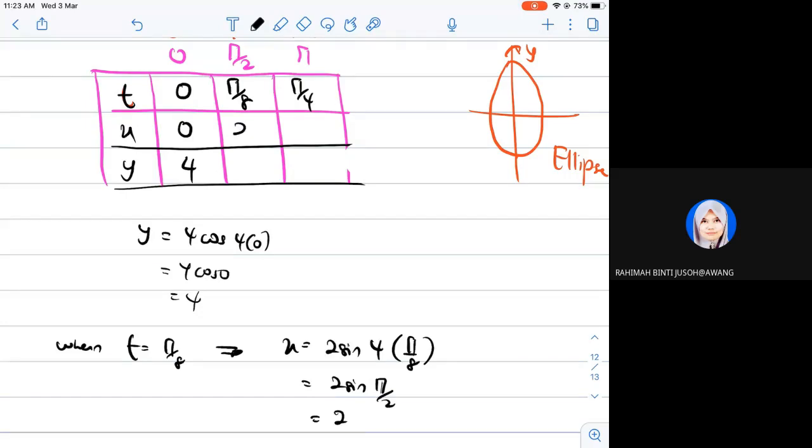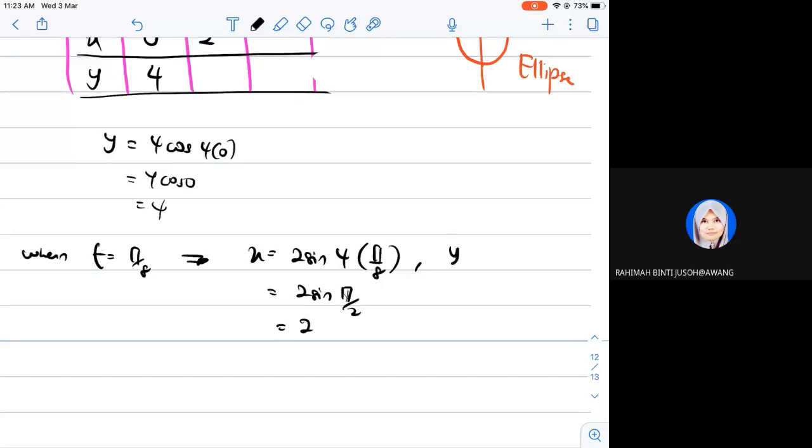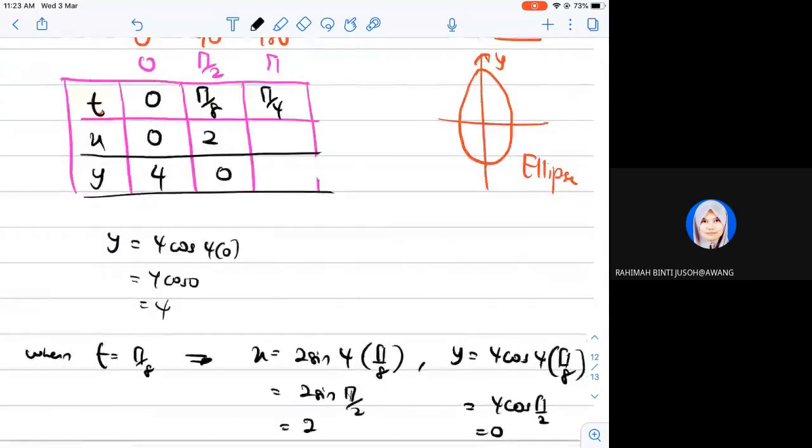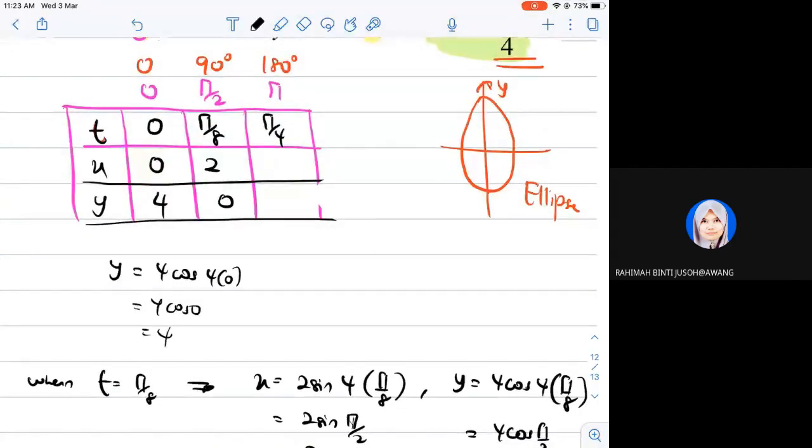So we have 2 here. Okay, and then of course lah kalau y 4 cos 4 times pi over 8, we will get 4 cos pi over 2, so 0. So 0 here.